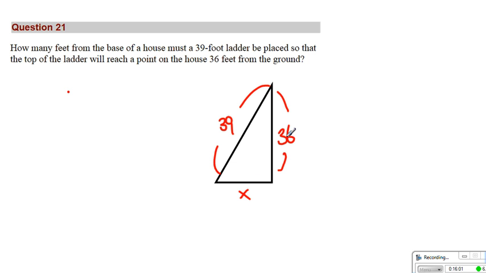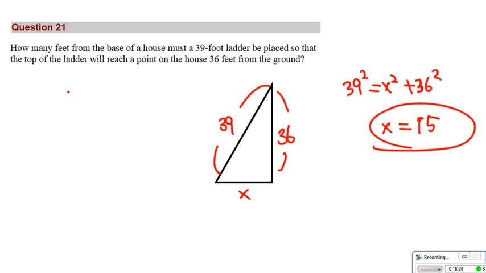So in this case, what we can do is we can set up the Pythagorean theorem. We have 39 squared equals x squared plus 36 squared. In fact, you will realize that once you have done this one, you will get x must be equal to 15.